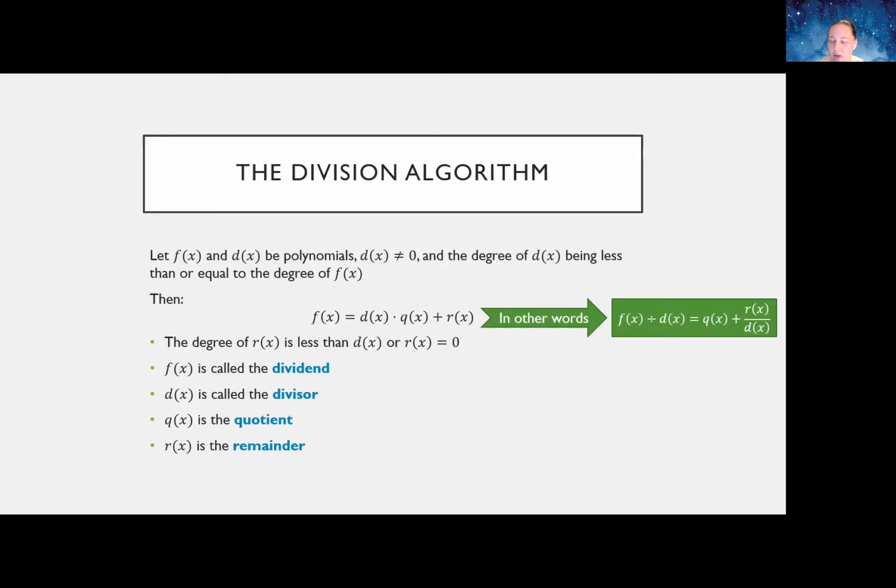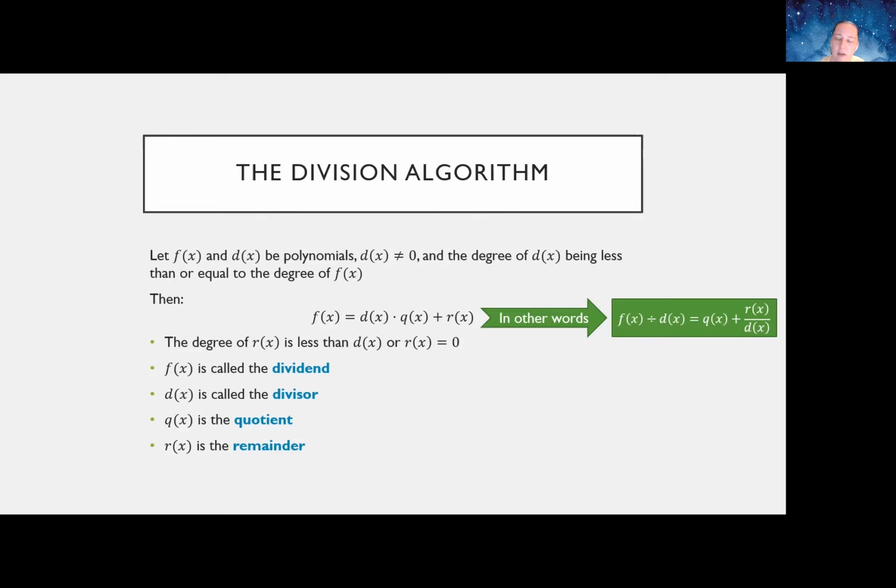And the degree of d of x needs to be less than or equal to the degree of f of x. Then we could rewrite our original function f of x as d of x times a third polynomial plus some remainder polynomial.